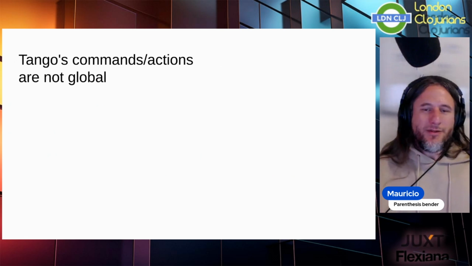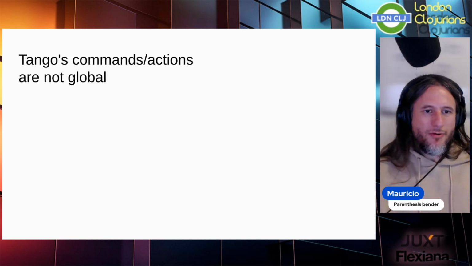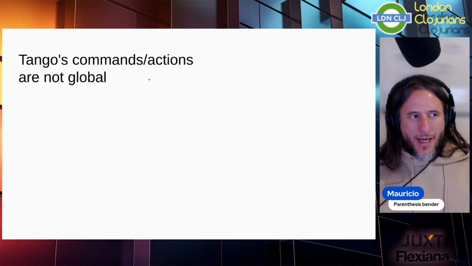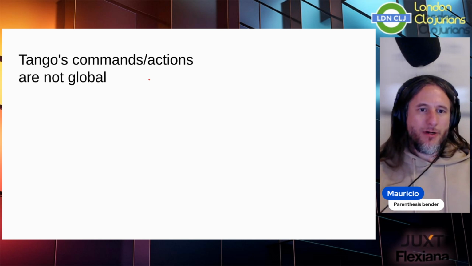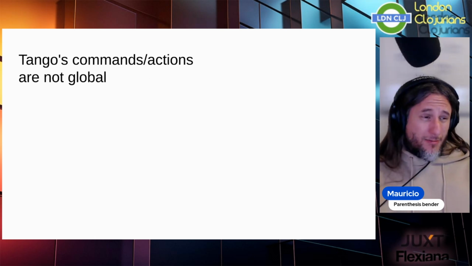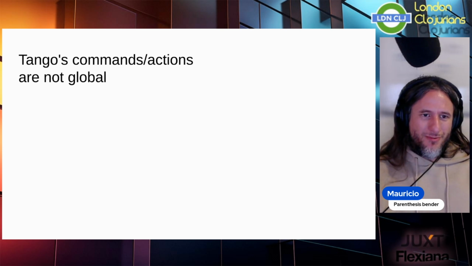And here's another idea that I decided since the beginning, and it paid off really well for me: commands, actions, and features and other stuff that the language supports are not global. I got a little bit lucky on this because VS Code actually has a really weird API sometimes.